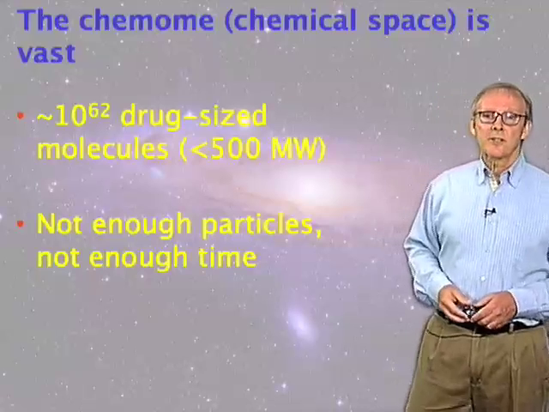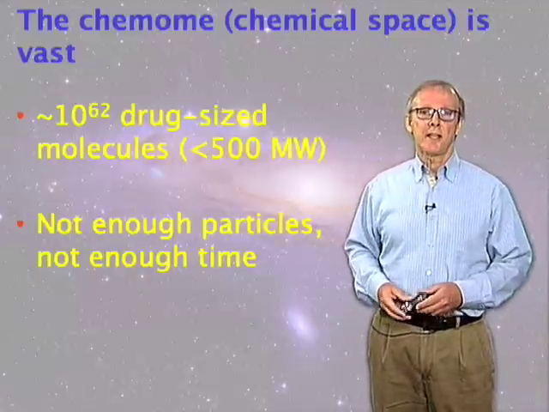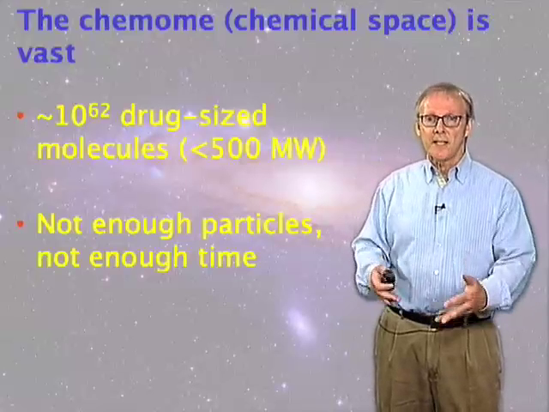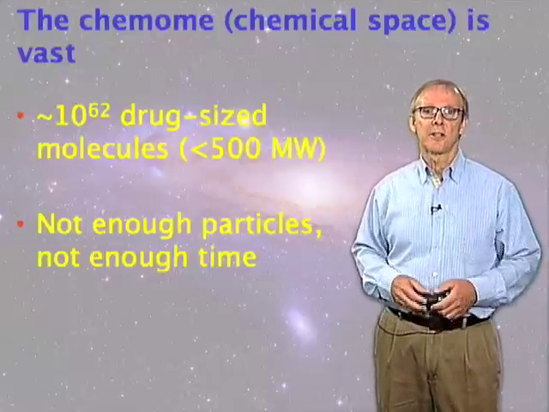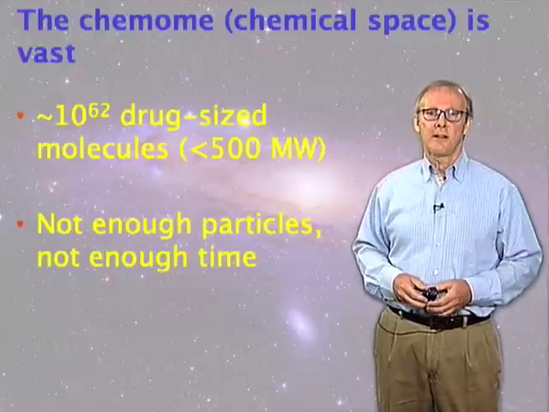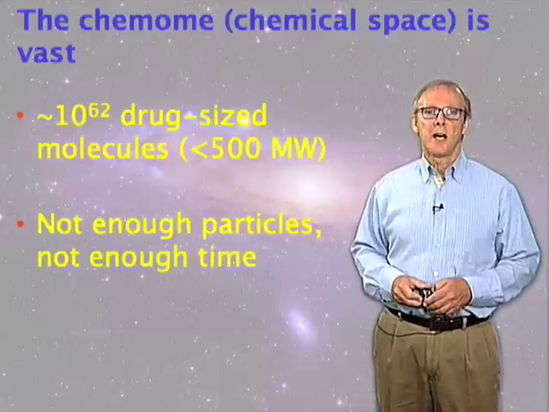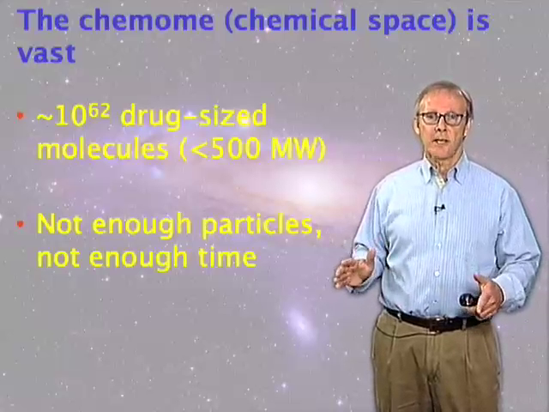Okay, the next consideration is chemical space, that is, we now have to move on to finding compounds that will actually engage our targets. The chemome, these compounds less than 500 molecular weight, is a huge chemical space.